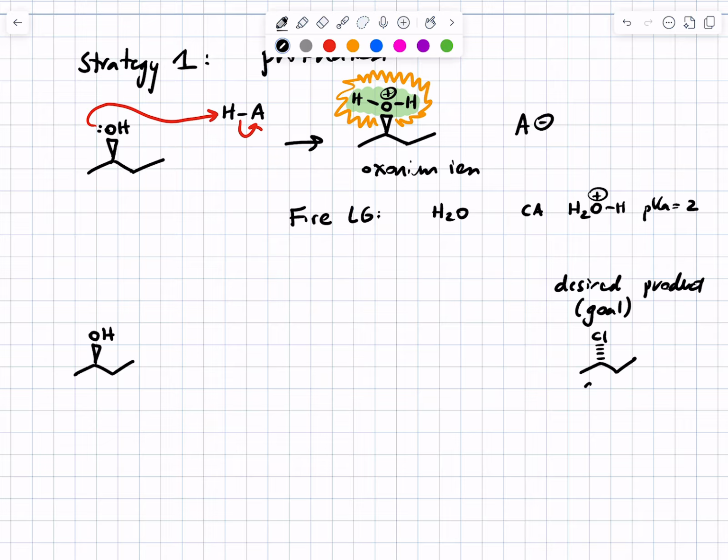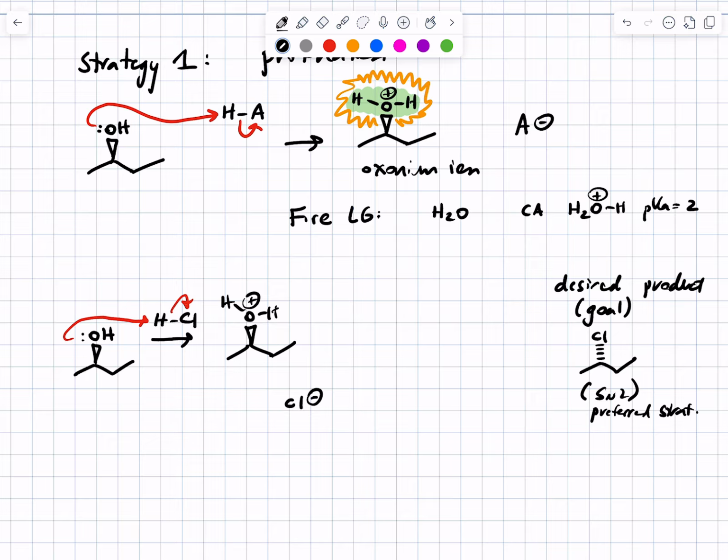Right, if I want inversion of configuration and I want to just get one stereoisomer, my preferred strategy would be SN2. All right, well, let's try this approach and see whether it works. We would use HCl, and the idea is that HCl would first protonate the alcohol to convert it into the fire leaving group, and then the conjugate base Cl minus could attack the carbon and displace the good leaving group and get the product.